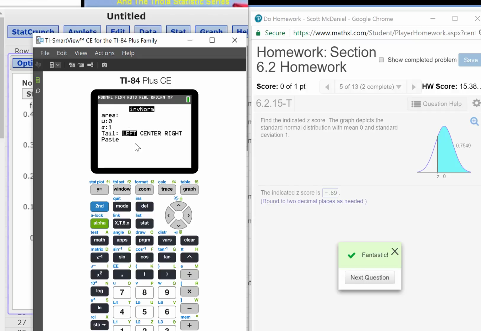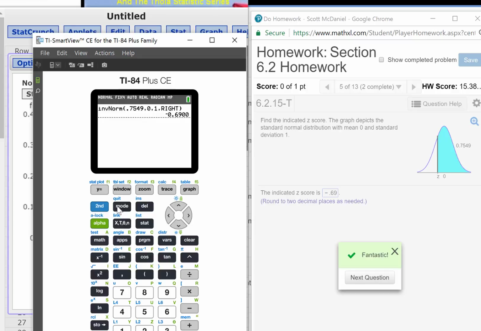So here we got the area is 0.7549. In this case, the tail is to the right. And press enter. And we get exactly the same thing, negative 0.69.